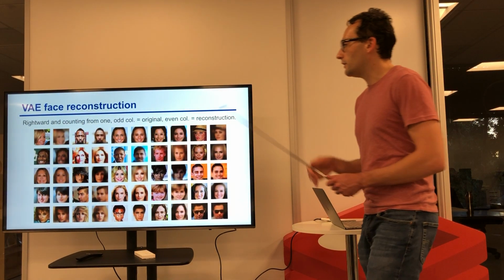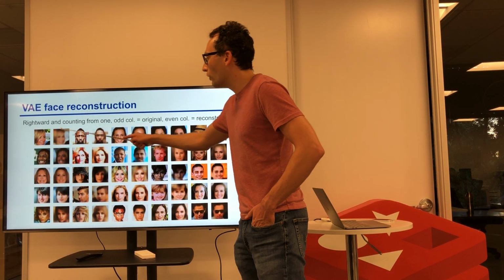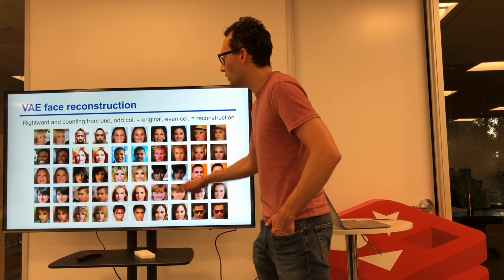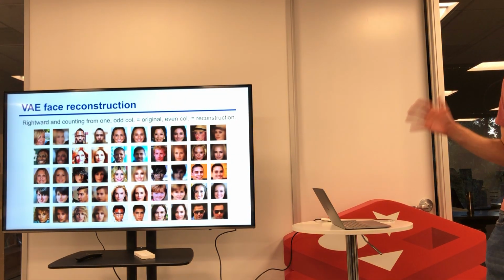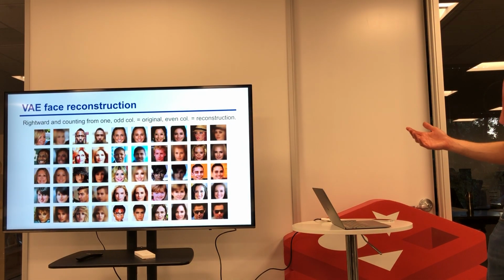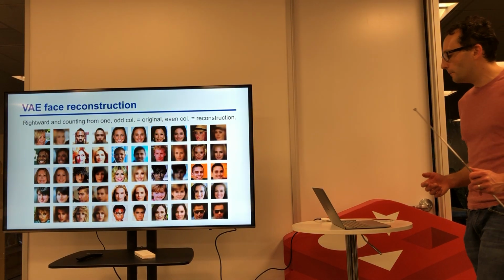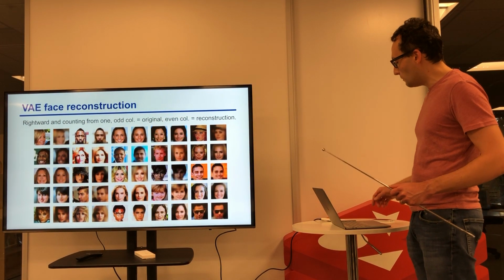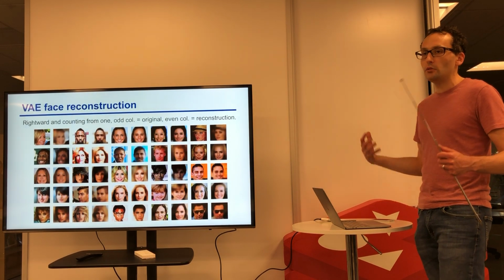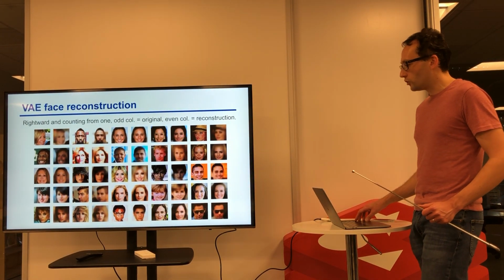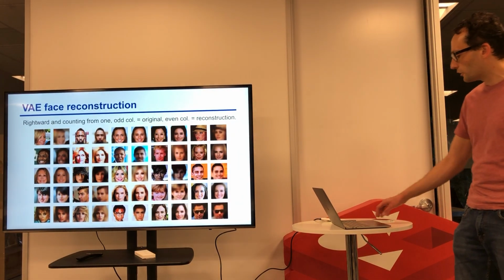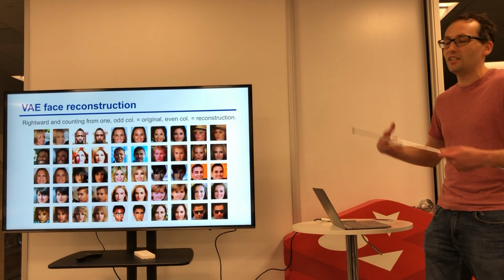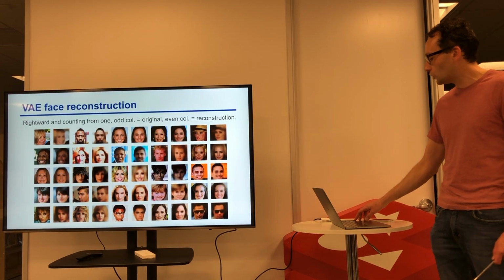This is similar to the slide that I showed before. It's just that in the even columns, I'm now showing the output results of the variational autoencoder. Again, this is only done with like 15,000 faces, so you can do better if you use even more faces. But yes, you still do have this residual blur, which is something that has kind of plagued variational autoencoders always. And one of the goals is kind of to get rid of that using different tricks and methods.